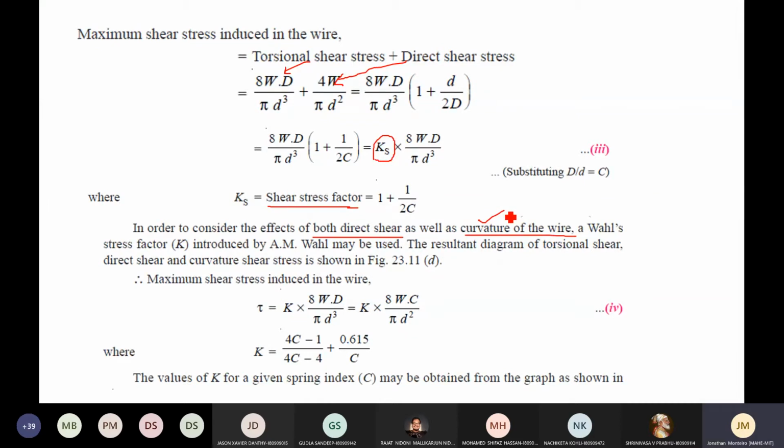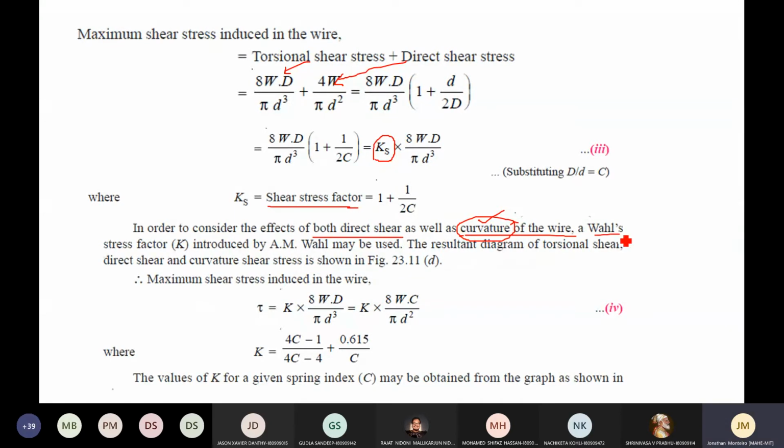You are usually using a cold drawn spring, so that is plastically deformed, so there will be severe stresses on it already, especially at the inner edge, so you will have to put that into consideration also. So curvature of the wire is very important, particularly when C has less value.